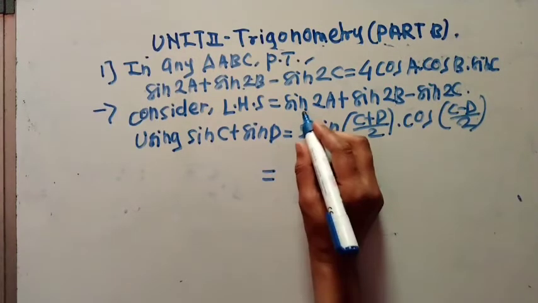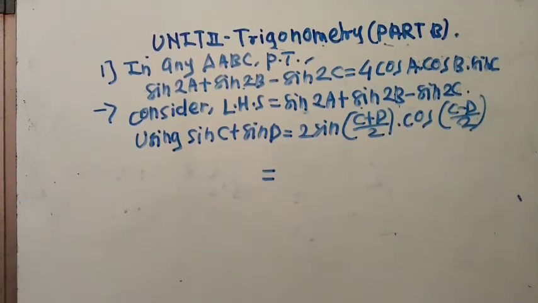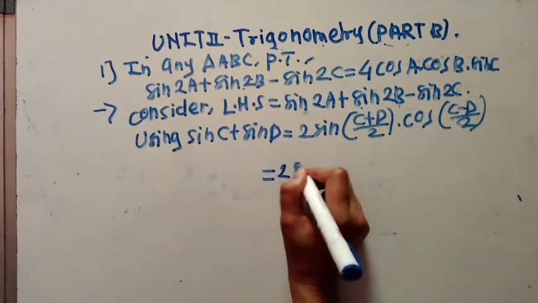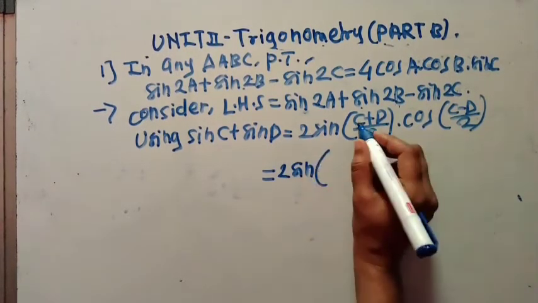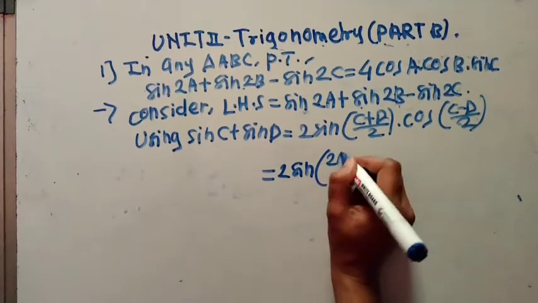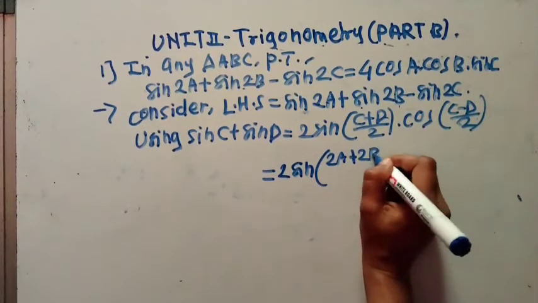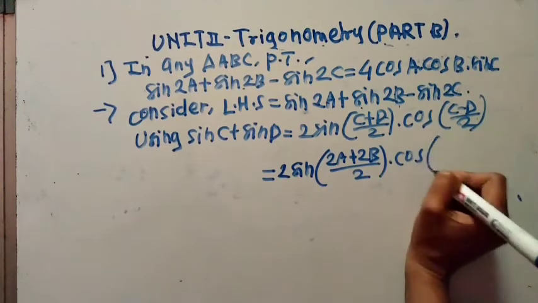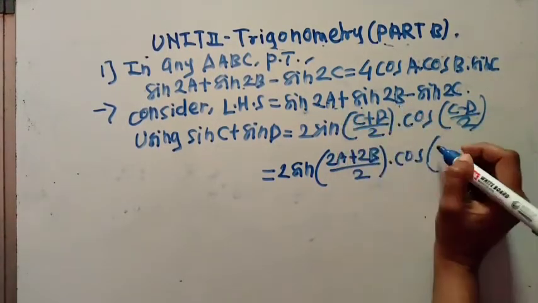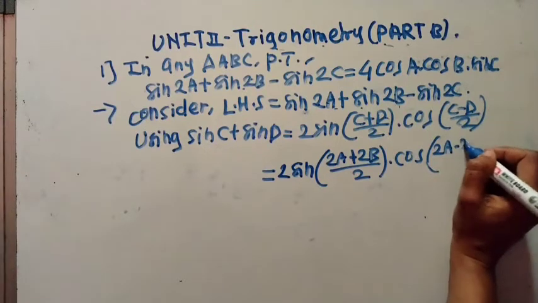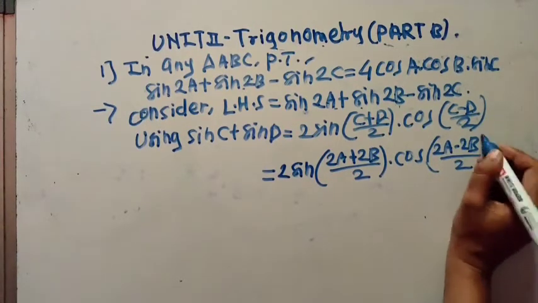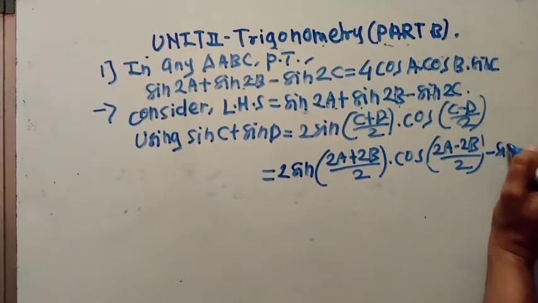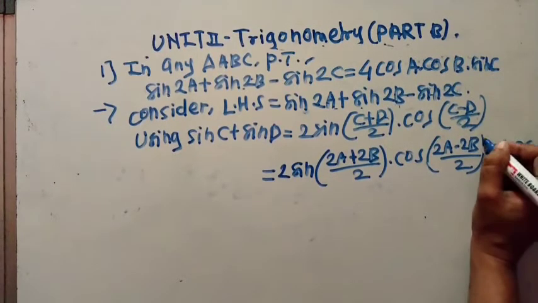Hence we get sin 2A plus sin 2B is equal to 2 sin((2A+2B)/2) into cos((2A-2B)/2), minus sin 2C.